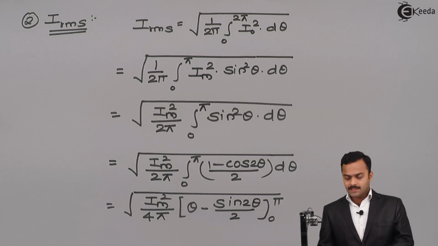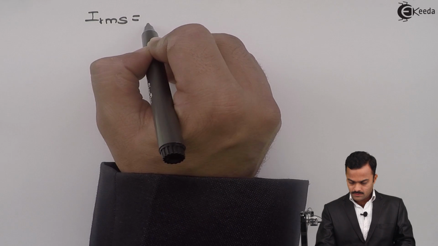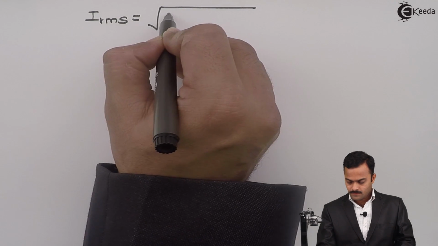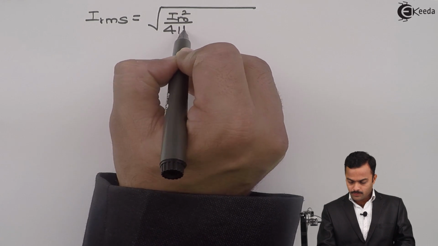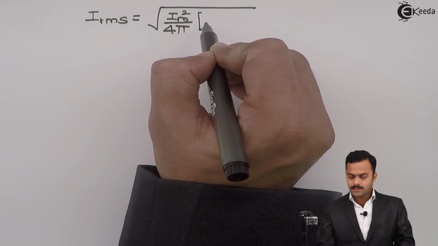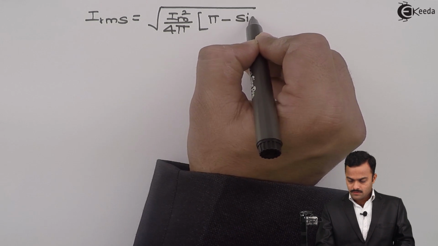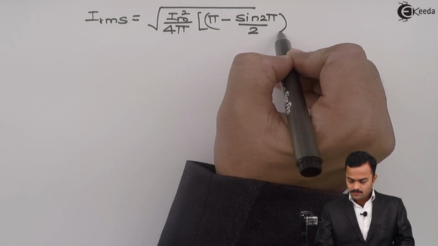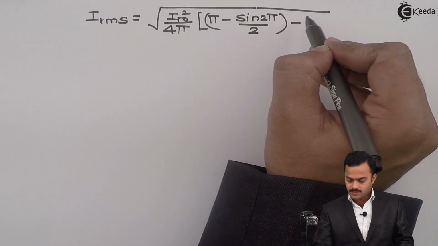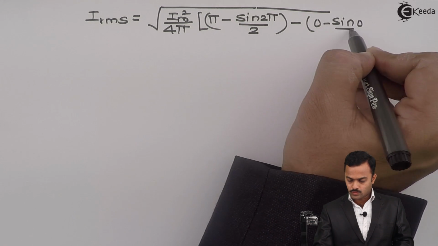So if I apply the limits, I will get IRMS equal to root of Im square upon 4 pi, upper limit is pi, so it's pi minus sin 2 pi divided by 2, and if I apply the lower limit 0 minus sin 0 divided by 2.